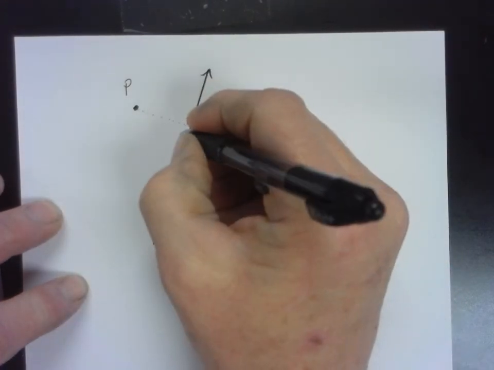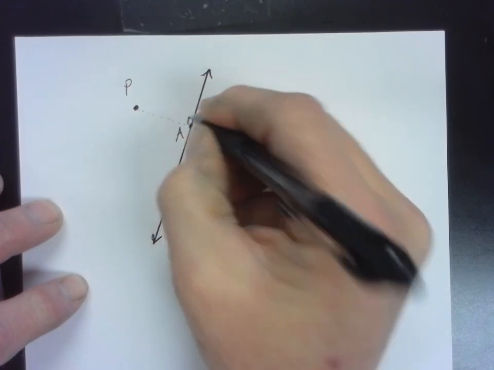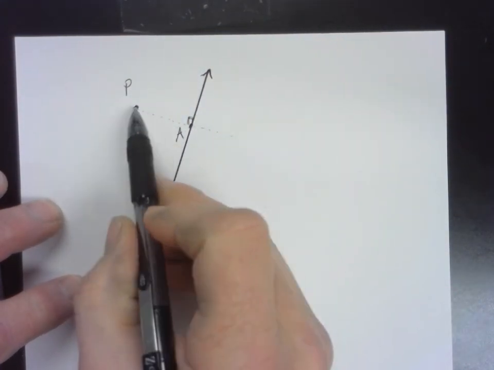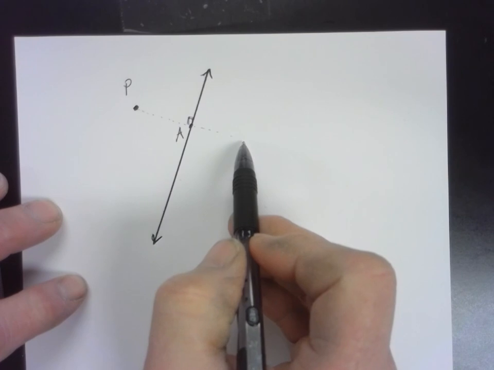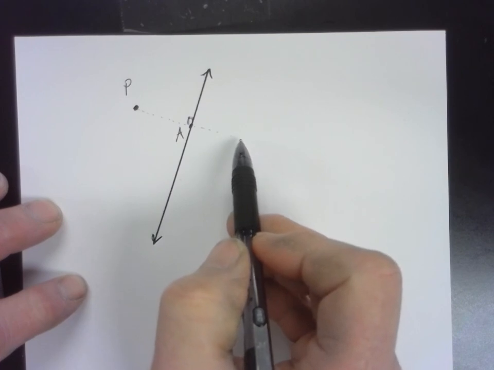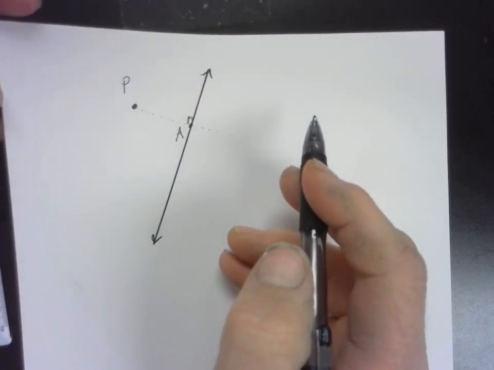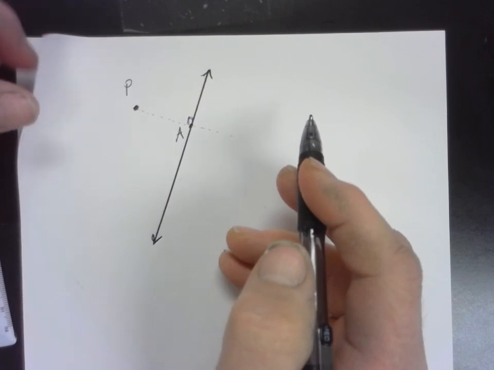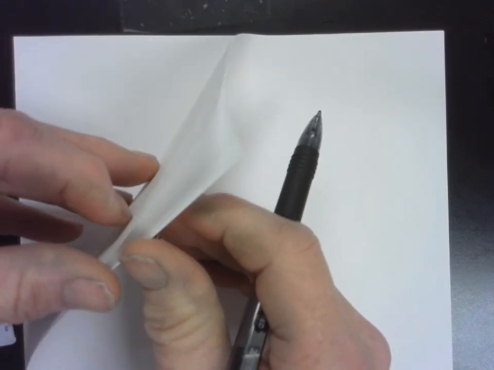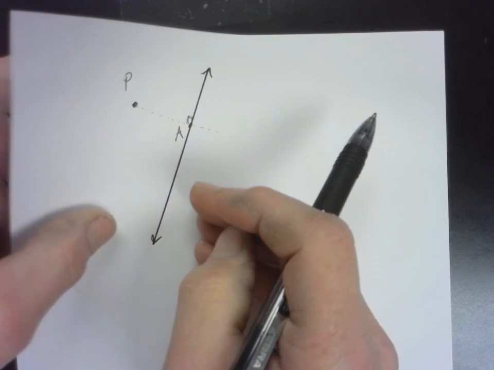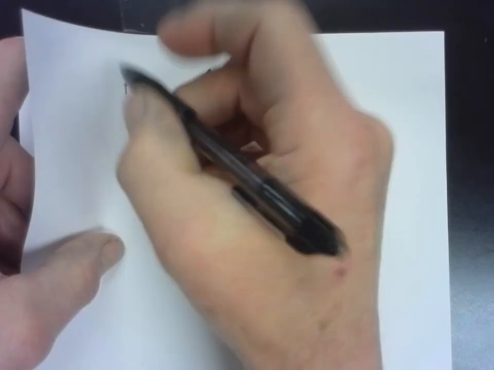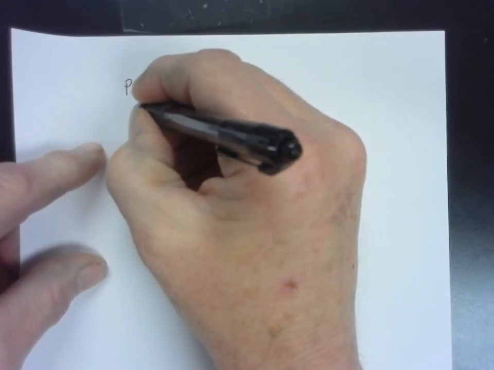So I'm going to call that point A. So I'm going to say that AP and AP prime are going to be congruent. And I'm just going to show you why I really worked on that line there for a second. So now I can take my paper and let me darken in point P a little bit.